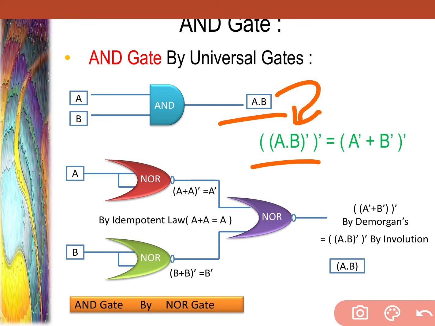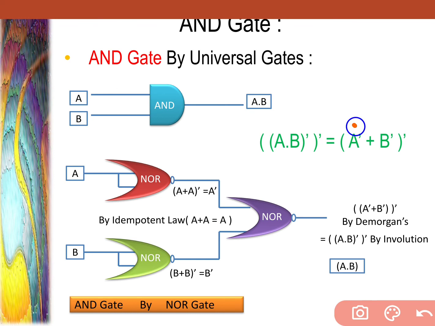And I can write the center one in this way. It is De Morgan's law. And if by NOR gate we can create A dash, B dash, and then we send A dash, B dash through NOR gate, then we get plus and dash.